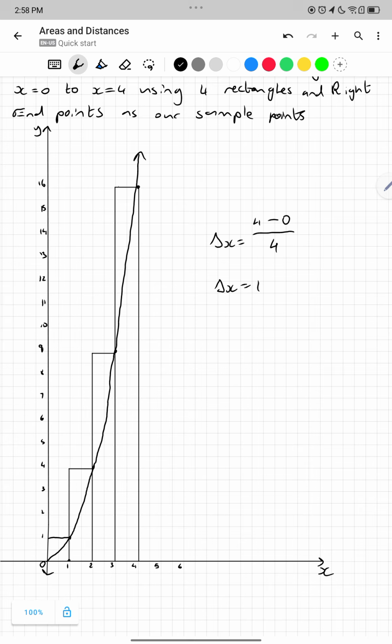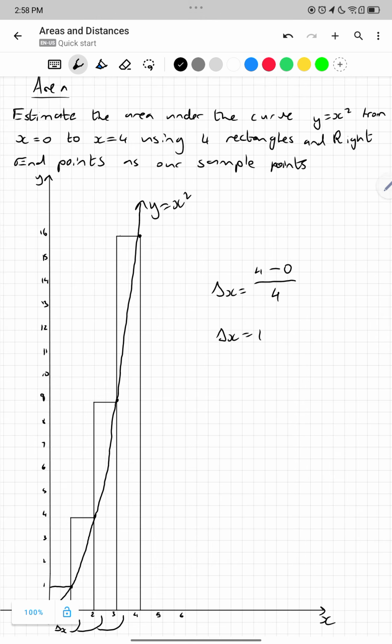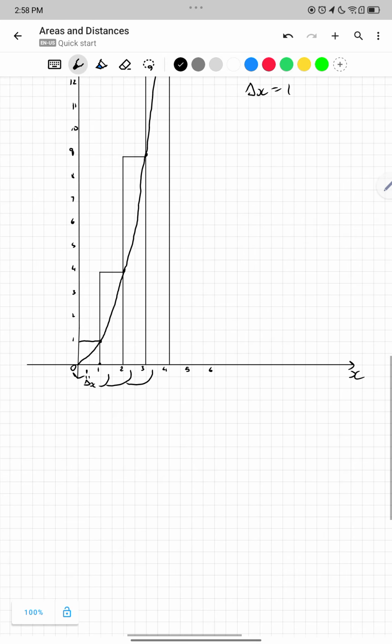So our width is equal to 1, and this is equal to this, and this is equal to this, so the width is the same everywhere. The difference is our height, and this is our y is equals to x squared curve.